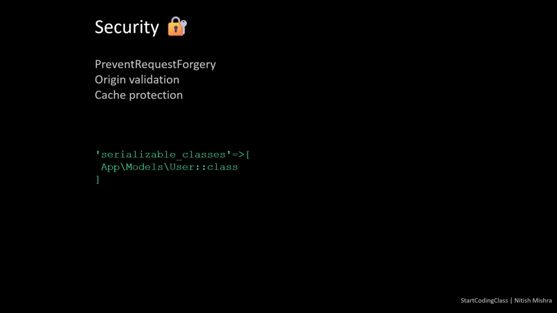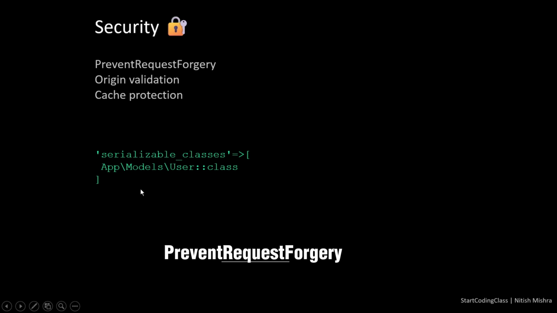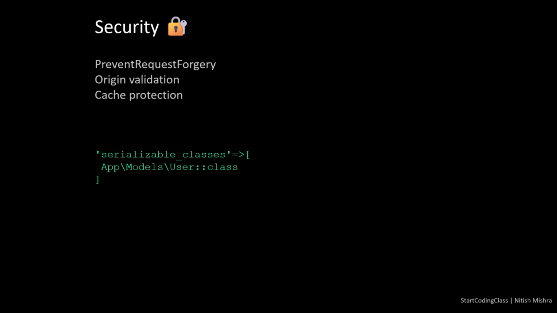This prevent request forgery is very useful for validating the origin header and protecting against advanced attacks. In this example, only allowed classes can be unserialized, which prevents security vulnerabilities. So Laravel 13 is not just adding features, it's combining AI plus performance plus security plus clean code, and that's what makes it production ready.